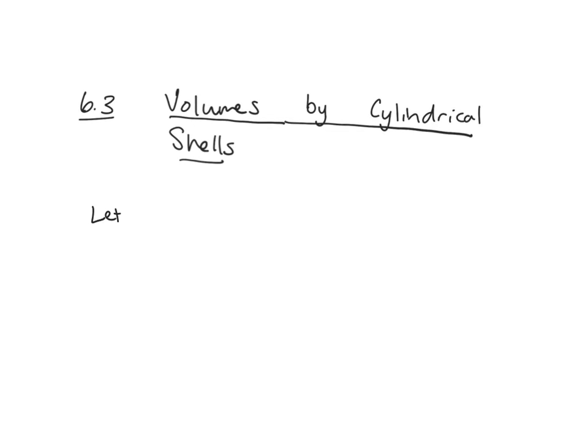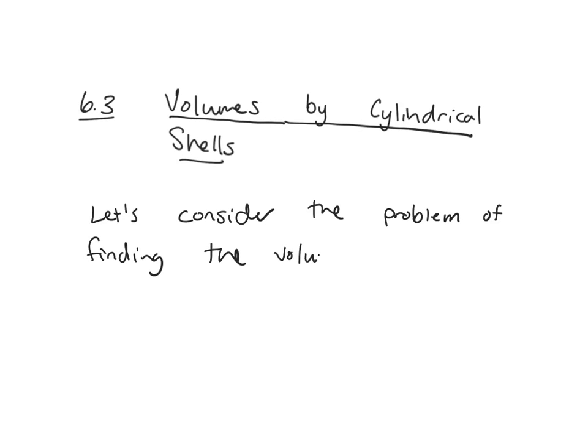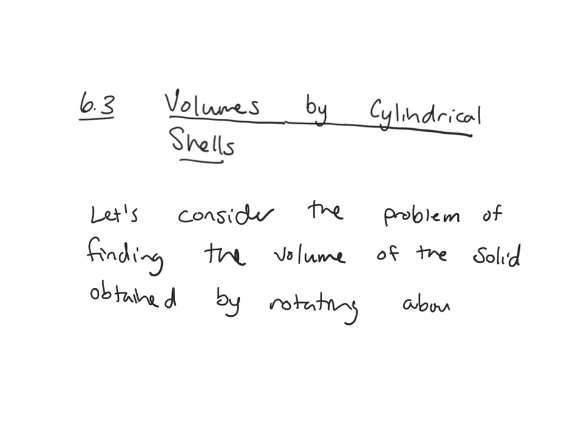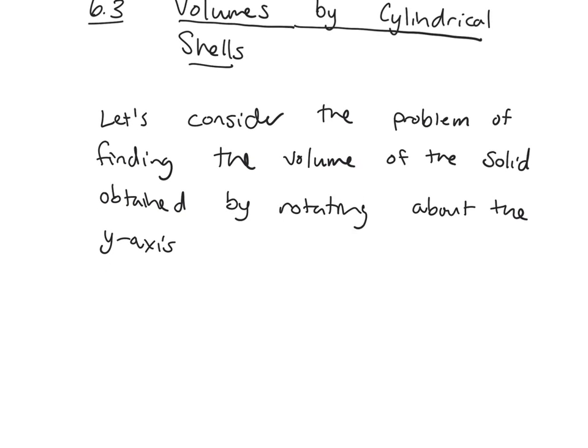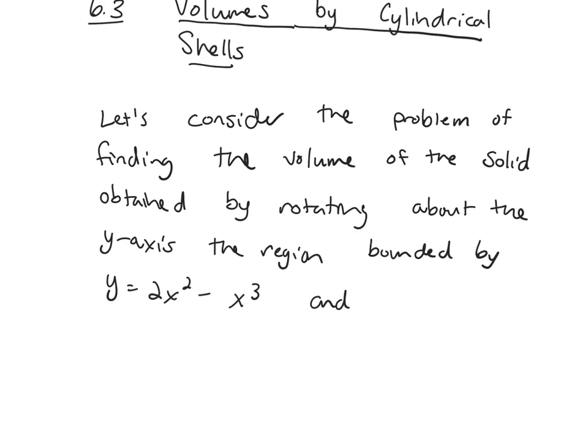Let's consider the problem of finding the volume of the solid obtained by rotating about the y-axis the region bounded by y equals 2x squared minus x cubed and y equals 0.